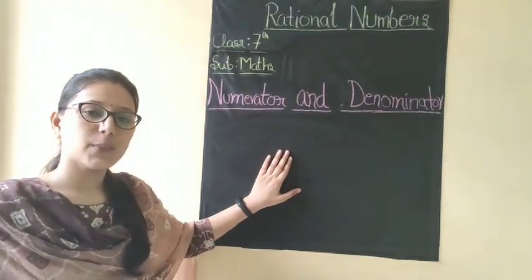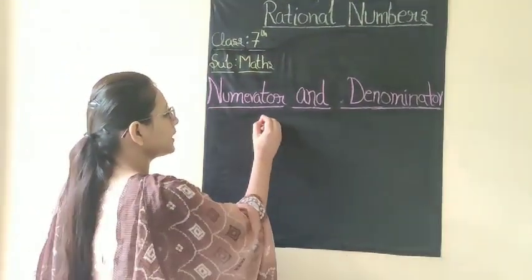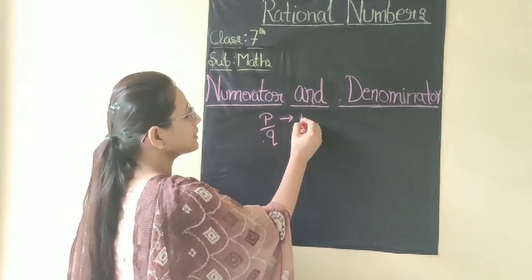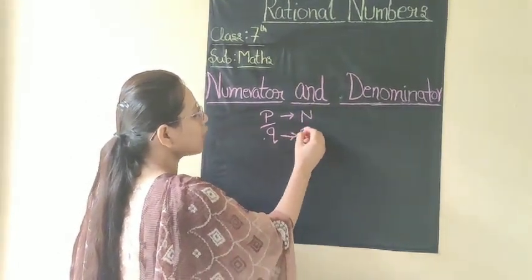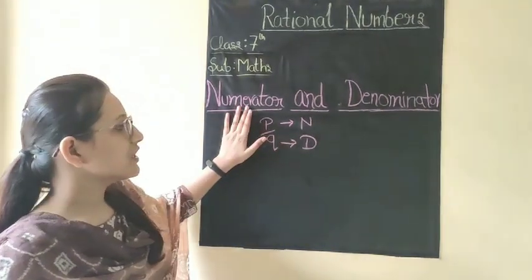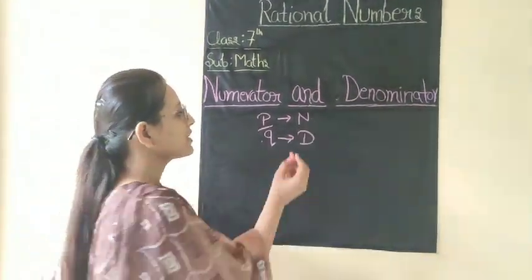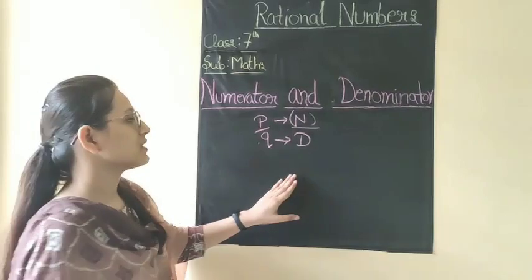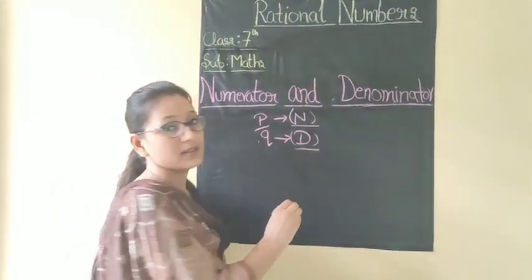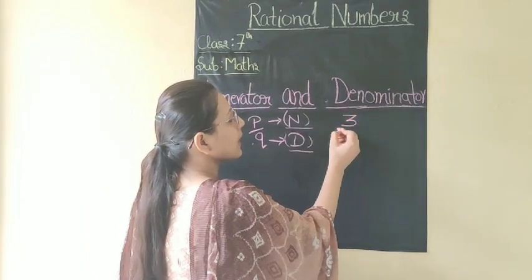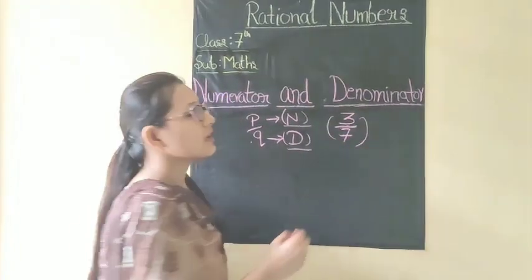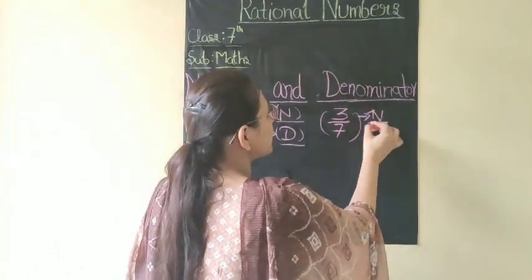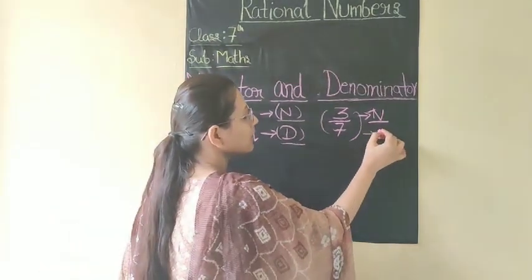We know that rational numbers are expressed in the form of p/q, where p is the numerator and q is the denominator, and numerator is represented by the capital letter N and the denominator is represented by the capital letter D. Thus, in 3/7, 3 is a numerator and 7 is a denominator.